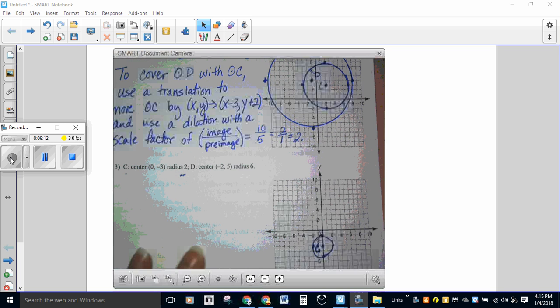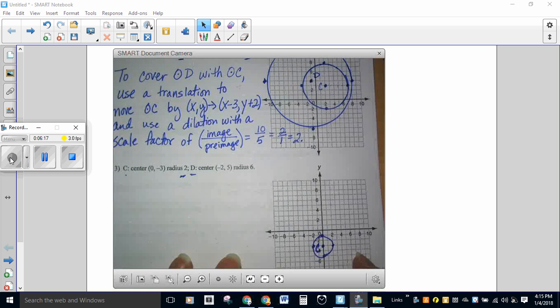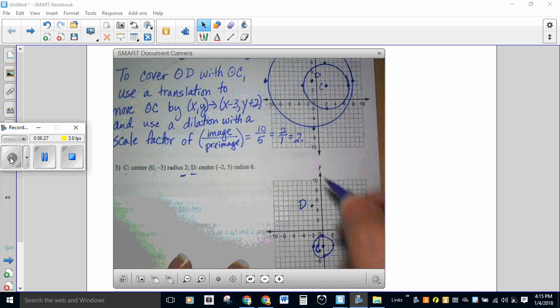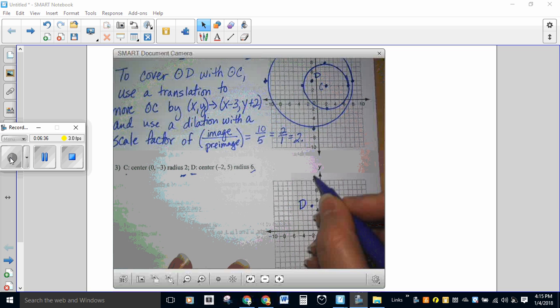All right, then my second one, circle D, center is at -2, 5, so over 2 to the left and up 5, and I label that D. Then I'm going to count off my radius of 6, so I go 6 in all directions. 1, 2, 3, 4, 5, 6, in each direction, because I have to go off the graph.